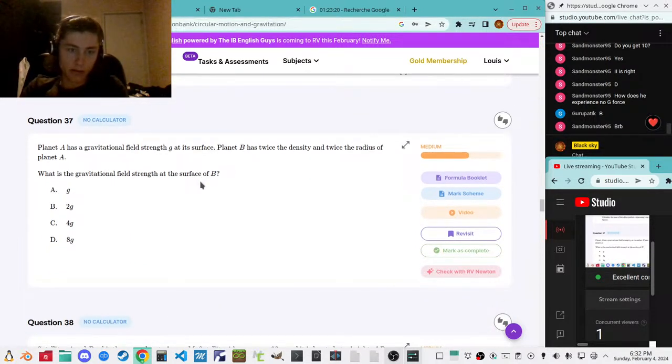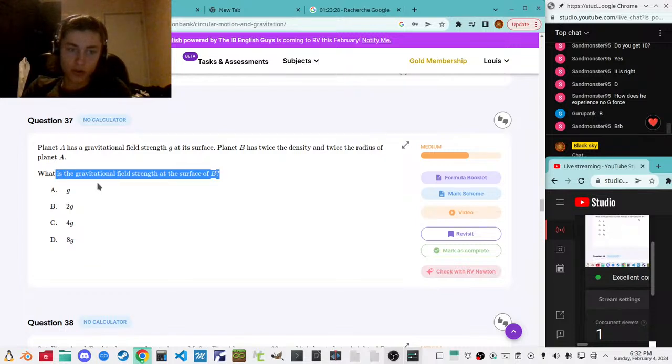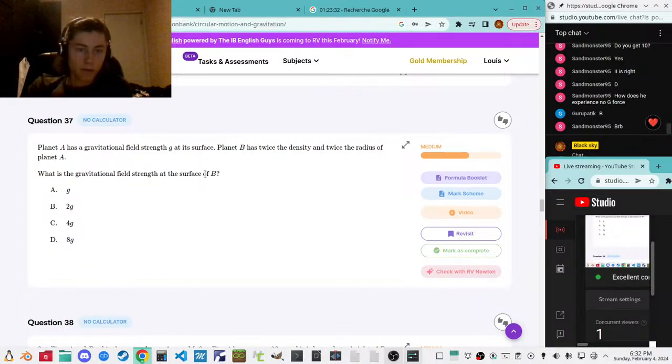Planet A has a gravitational field strength g at its surface. Planet B has twice the density and twice the radius of planet A. What is the gravitational field strength at the surface of B? Twice the density and twice the radius. Wait, let's think.